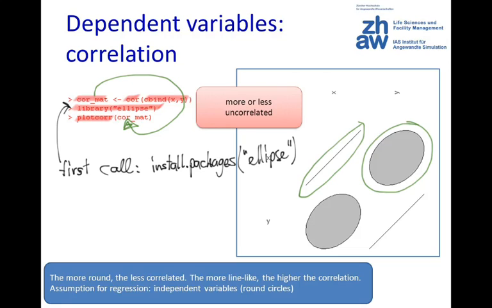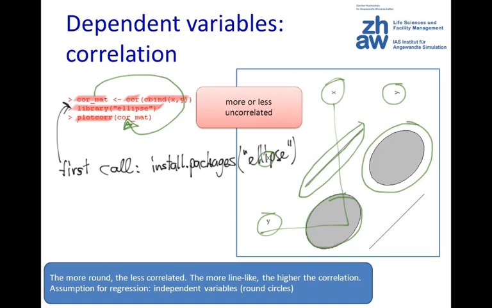So between x and x, it's clear that the correlation is 1. It's the same variable, so you just see a straight line telling you, okay, there is correlation. Between y and x or x and y you have the same correlation. In this case the correlation is almost zero because we have a very round circle.